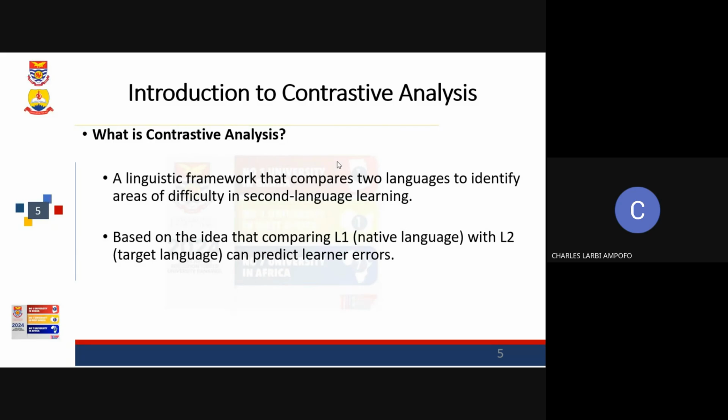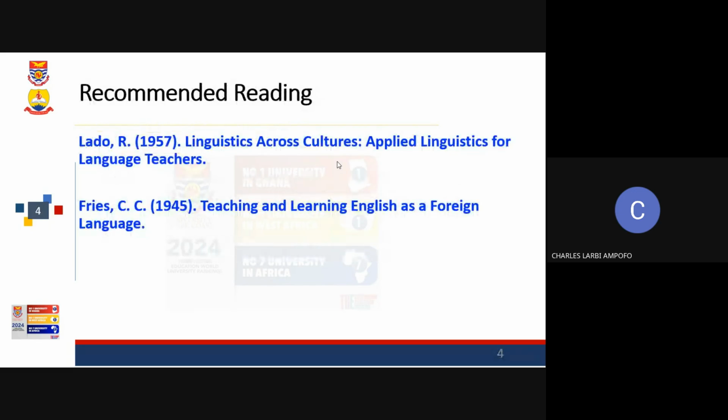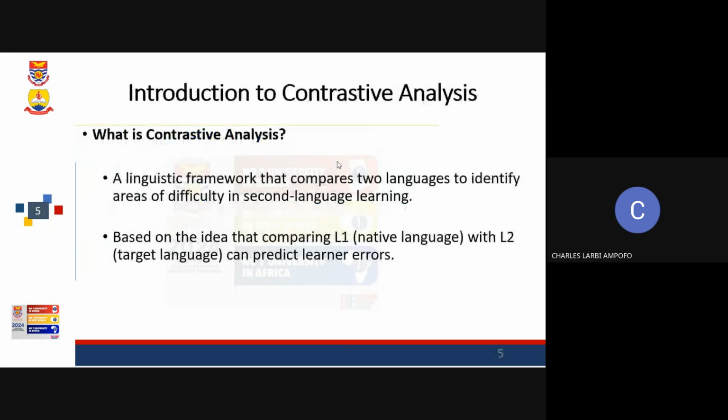So earlier I mentioned that this course is about teaching second languages, or to some extent foreign languages. That's why we have the text of C.C. Fries, Teaching and Learning English as a Foreign Language, because English is a foreign language, I mean, to many of us, but we use it as our second language. All right.